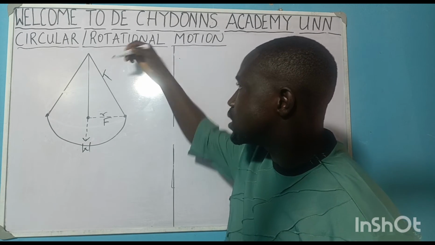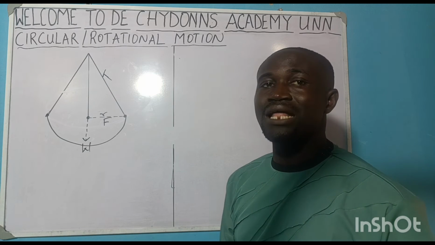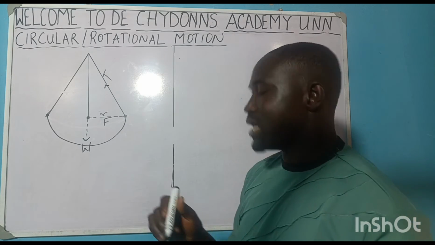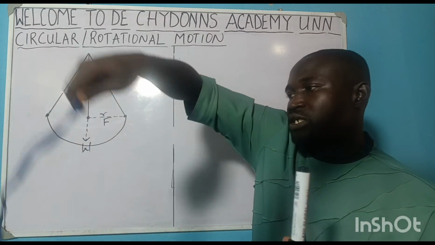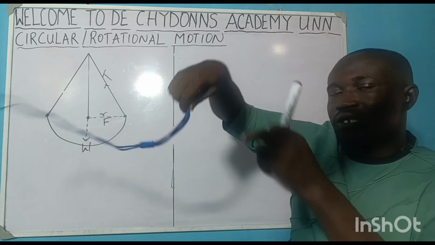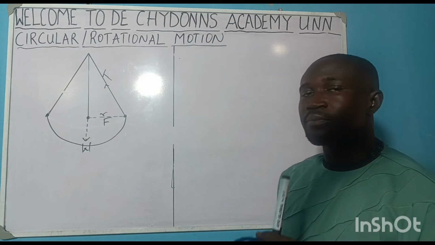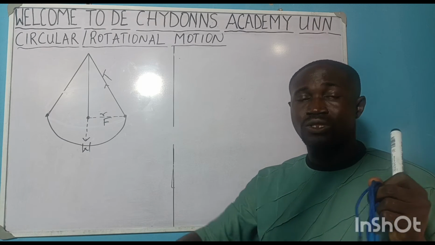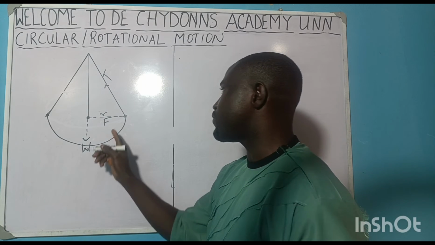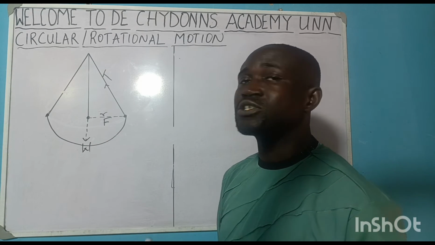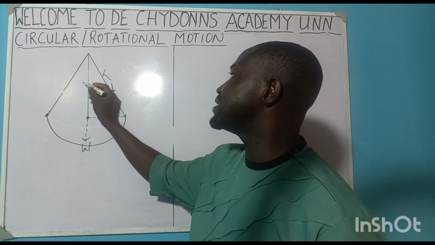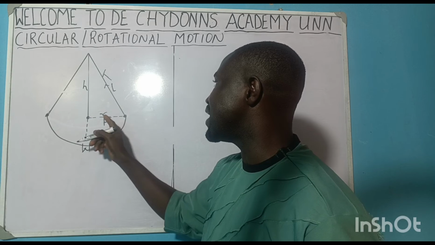Tension means a force on that string or spring. If I'm using a rope to rotate this body, there is a force on this rope that is helping it to rotate round without cutting. We call it tension. Are you getting it? Then we have talked about F. Now in terms of their length, here is the slant length, here is the vertical height, and here is the radius.